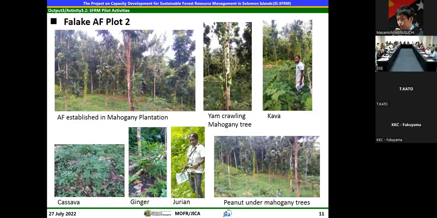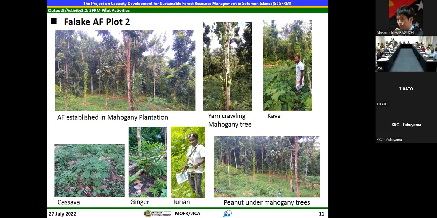And in the previous plot, plot 2, it was the mahogany plantation. You can see the different plants that are planted. After thinning, they plant, as you can see from here, northern yam along that mahogany tree, as well as kava planted under.